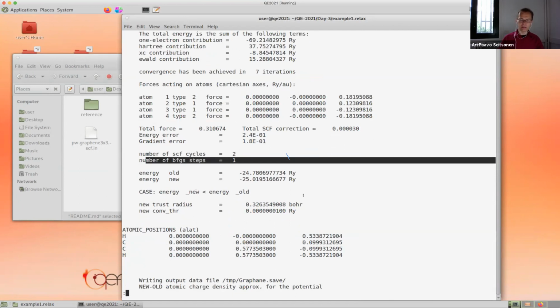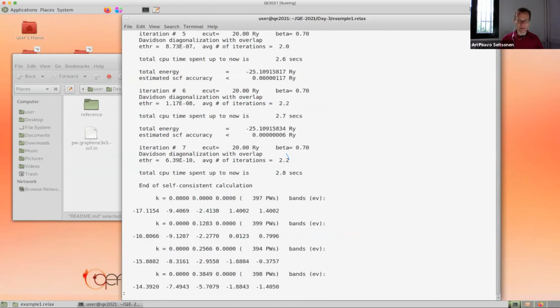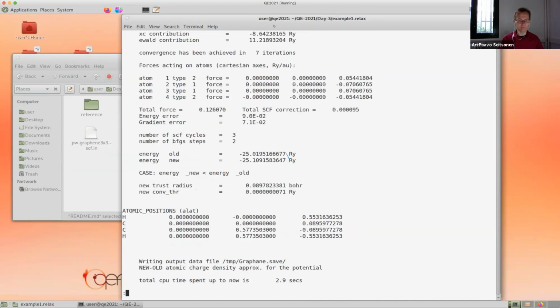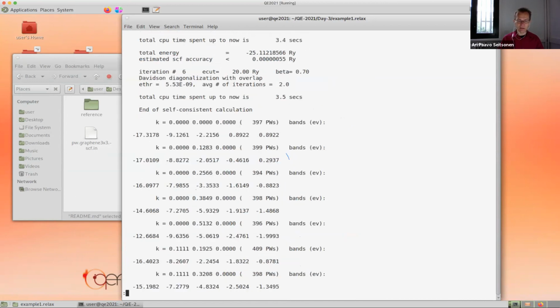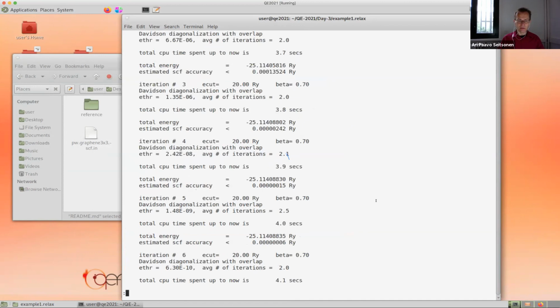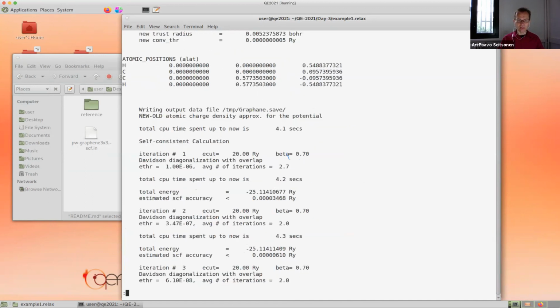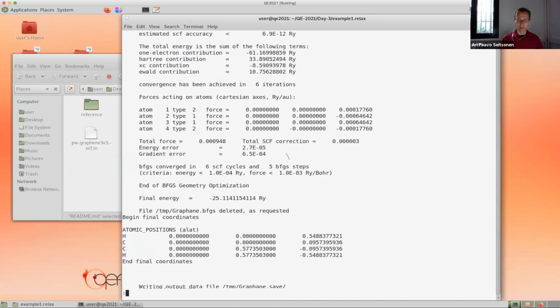Okay, and we would see that these forces are still too large. We cannot consider the structure converged. So that's the third iteration. Forces, again, smaller, 0.0 something, and the new positions. And this continues. Next one, next one, next one.